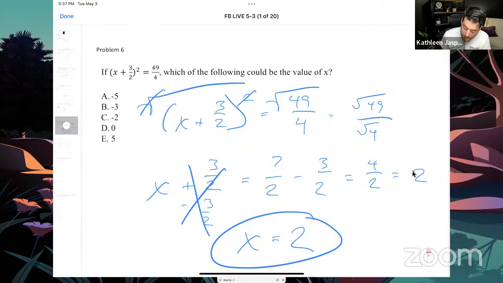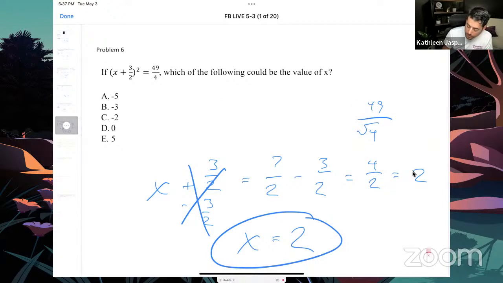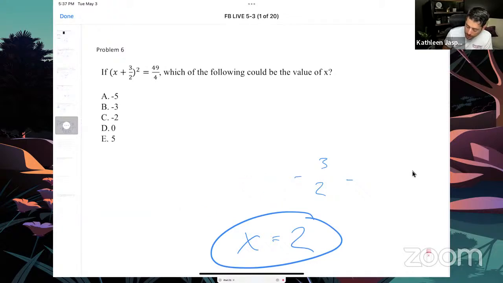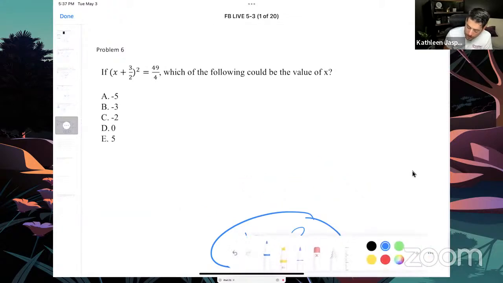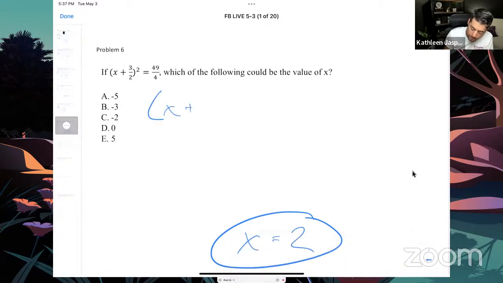And here is what needs to be understood. With this 2, I need to get the value that's inside of the parentheses. What you need to see here is that this x plus 3 over 2, and then squared, this is what is important, because this value here can be a negative value, because what is a negative number times a negative number?